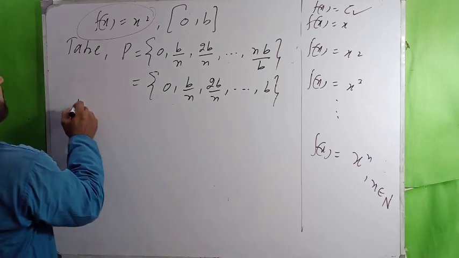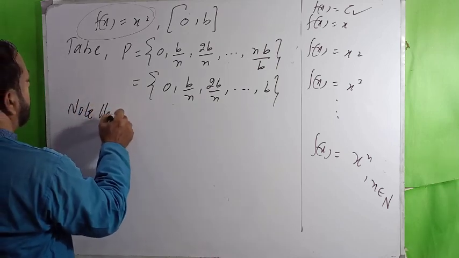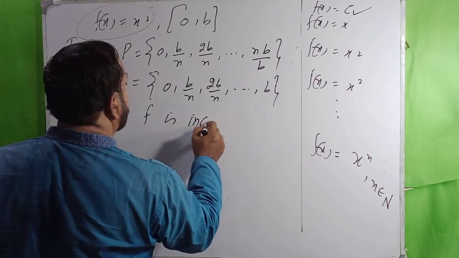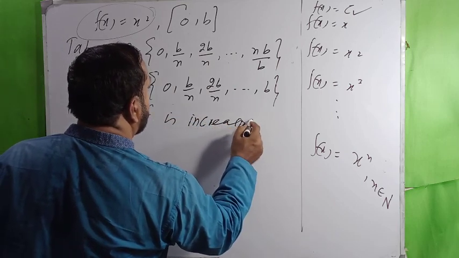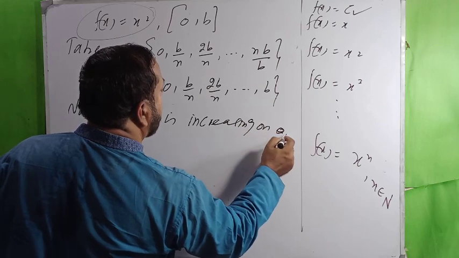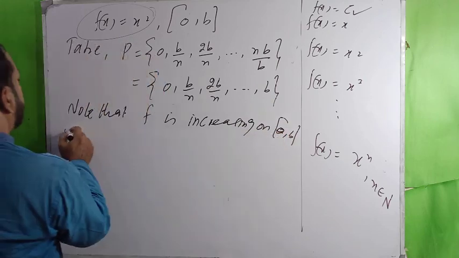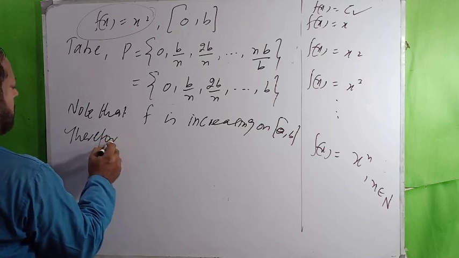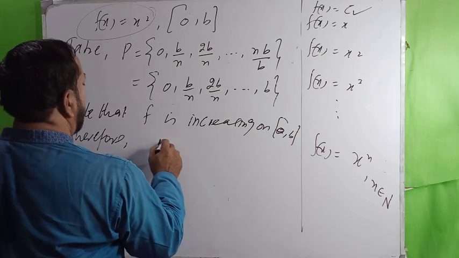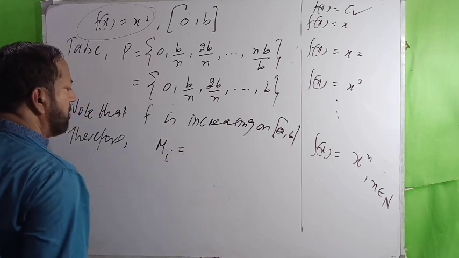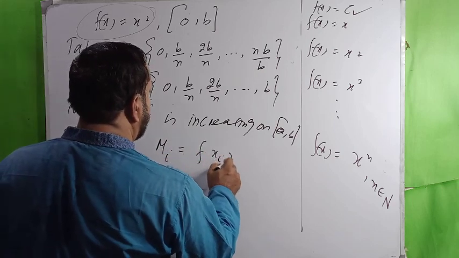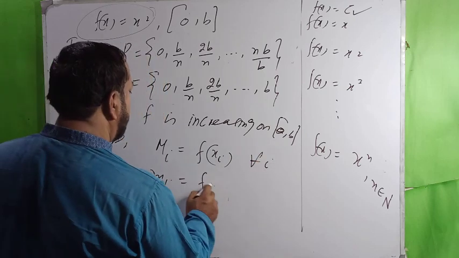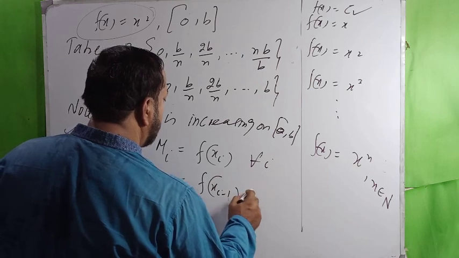So note that f is increasing on [0, b], therefore capital Mi would be equal to f of xi for all i, and small mi would be equal to f of xi minus 1 for all i.